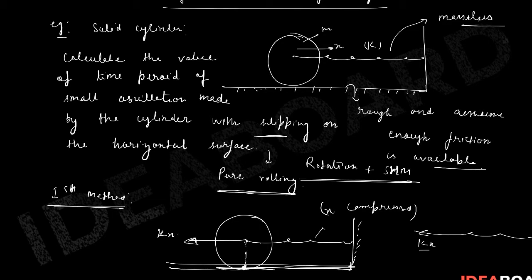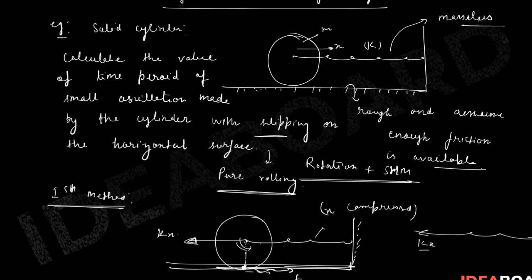Because of this kx, you can see this point will try to go backwards, right? So that means only force is available which is available here, which is friction force. So friction will act like this, and I said that friction is large enough, so we need not to talk about friction enough, because it is large enough.